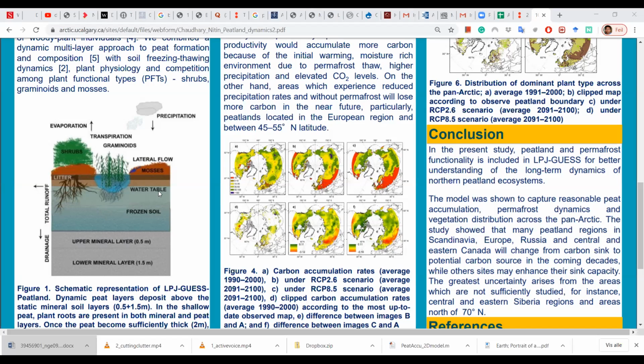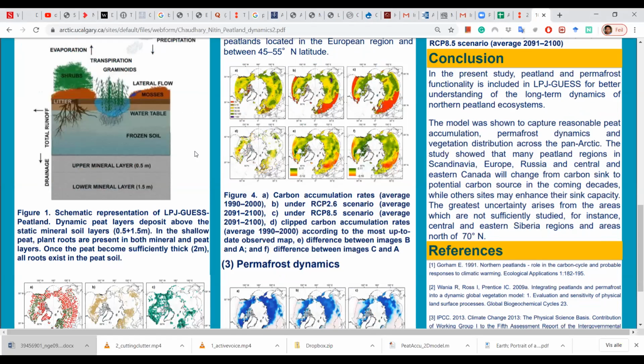We have an advanced water balance scheme and an advanced peat accumulation scheme in this model. First we validated this model using the observed dataset from Stottelen and from many other peatland sites.